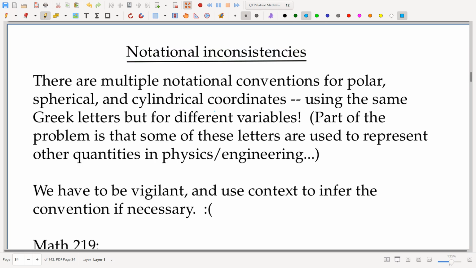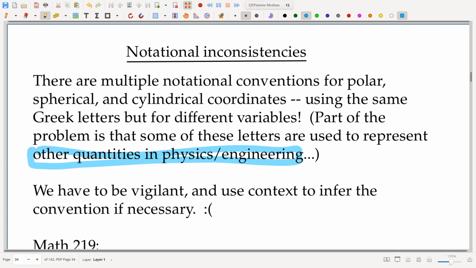So, for example, what I have called rho, loosely speaking the radial distance from the origin, that letter rho in physics is used to represent charge density. So the physicists, very reasonably, don't want to create that confusion. That'd be a real problem, especially because you use spherical coordinates quite a bit when you're talking about electricity and magnetism, where charge density comes up heavily.